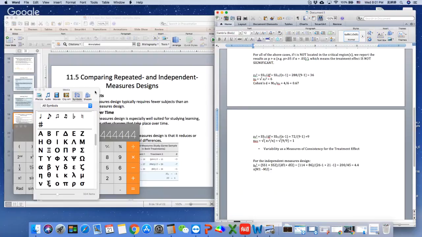Did I use the correct formula? Let me check. Yes, it's correct.